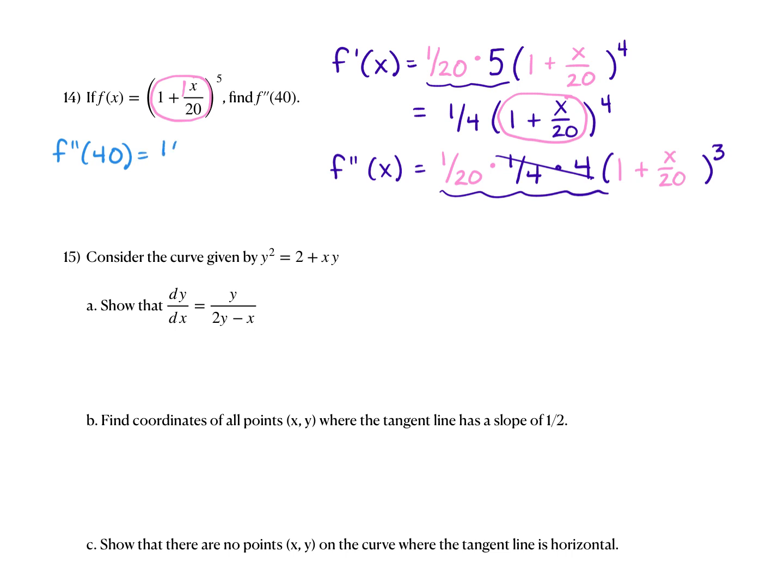So I'm going to have 1 over 20 times 1 plus 40 over 20 to the 3rd power. Well, that's 1 over 20 times 1 plus 2 to the 3rd power. That's 1 over 20 times 3 to the 3rd power, which is 27. And so I would probably just leave this as 27 over 20.